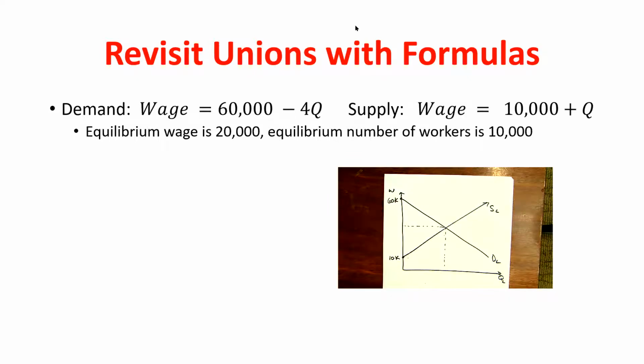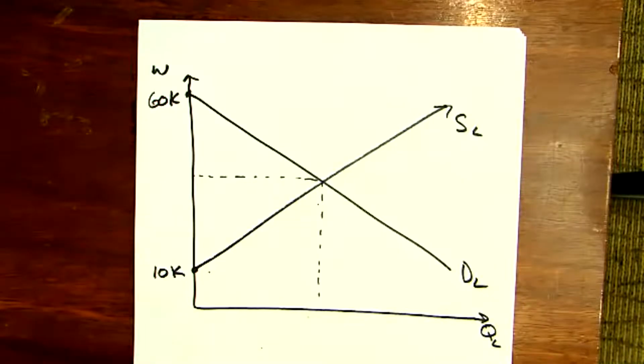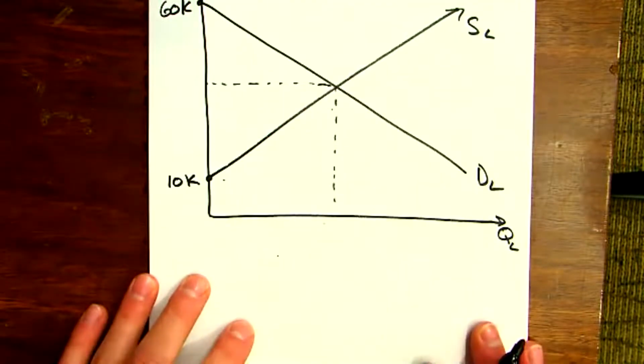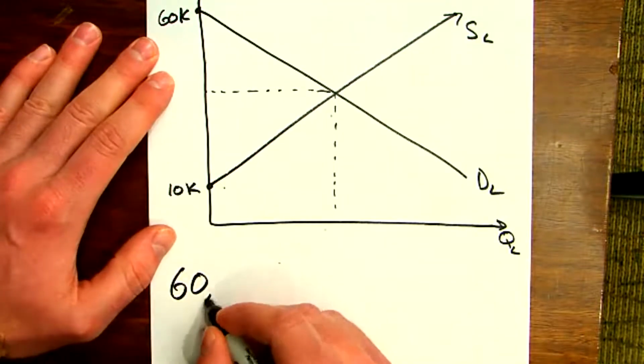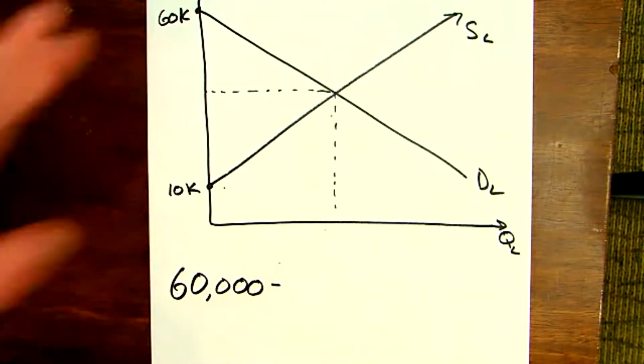Well, all I'm going to do is set these two equations equal to each other, because it's the point at which they're the same value. It's the quantity at which the supply and demand curve are at the same point, the same wage. What I'm going to do is take that demand equation, so 60,000, and I already forgot what it was.